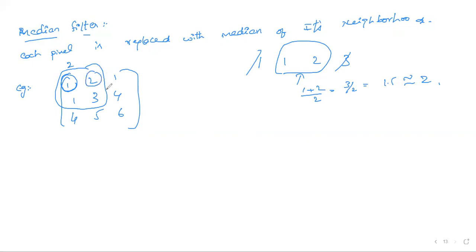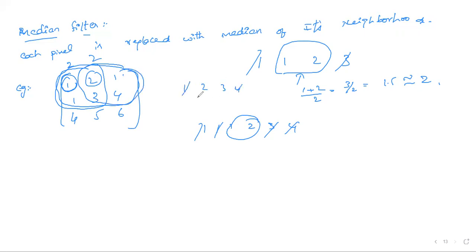Now for this pixel, these are the neighborhood: 1, 2, 1, 3, 4. Again we get 1 and 2, so the average is 2. Next for this one, 1, 2, 3, 4. 2 plus 3 by 2, that is 2.5, nearly equal to 3.